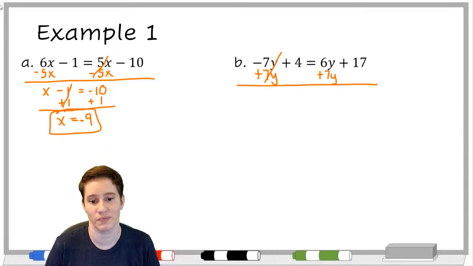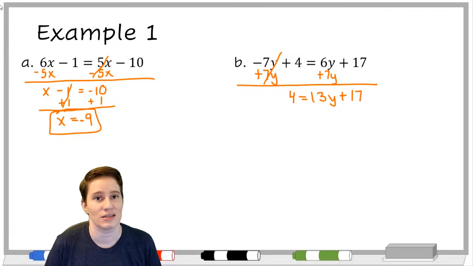Like so. That means I have 4 left right here. 6Y plus 7Y gives us 13Y. And then the 17 gets dropped down. And then I say, okay, let's get this Y by itself. We always save what's right next to Y. This 13 is going to be last.